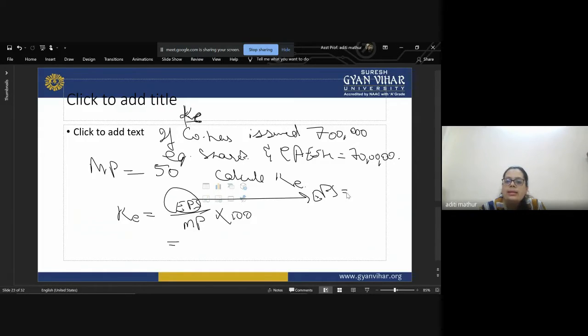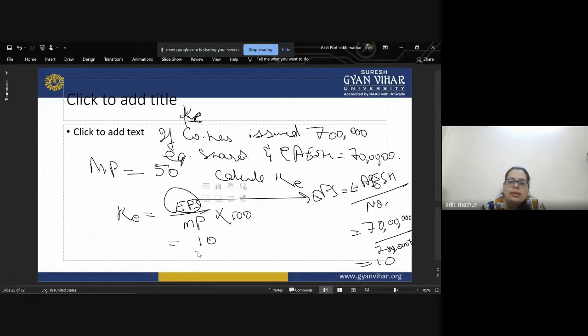EPS formula is earnings available for equity shareholders divided by number of equity shares, that is 70 lakhs divided by 7 lakh, which is equal to 10.